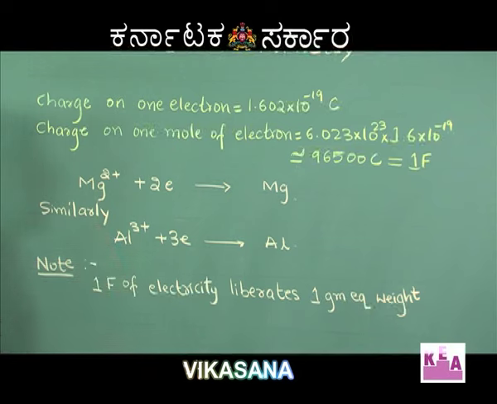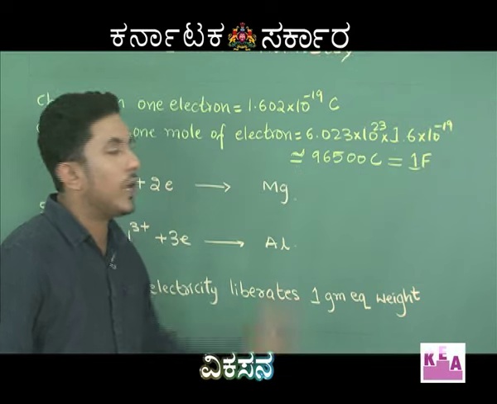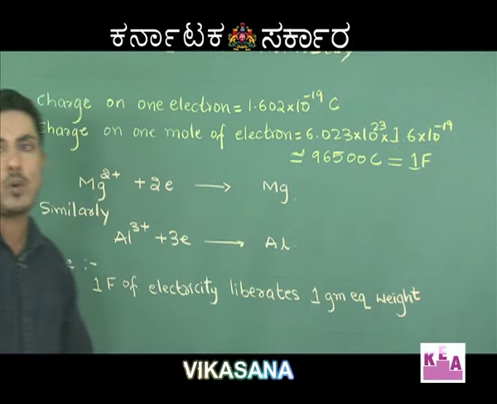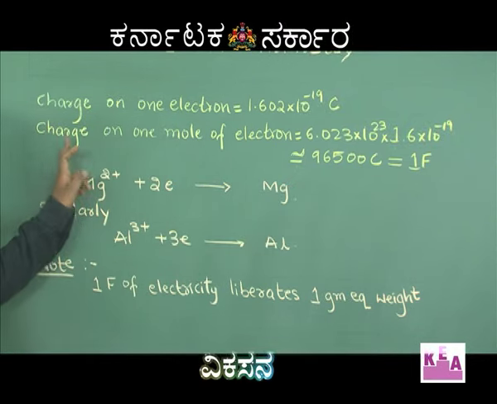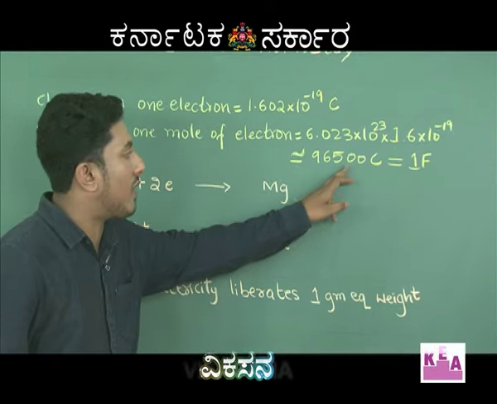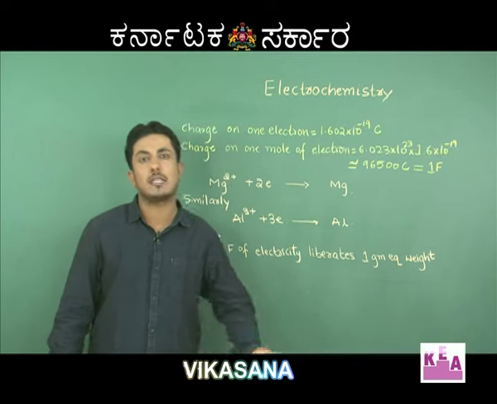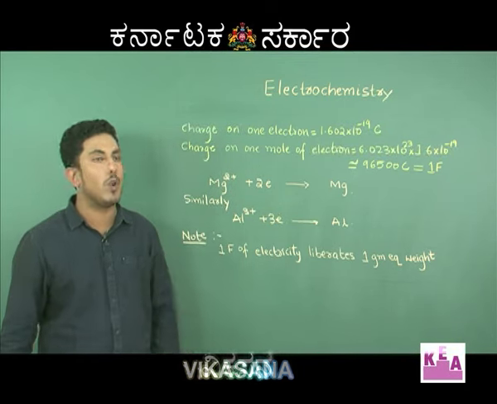Charge carried by 1 mole of electrons will be equal to 6.023 into 10 to the power 23, which is the Avogadro number, into 1.6 into 10 to the power minus 19, that will be nearly equal to 96,500 coulomb. Charge carried by 1 mole of electrons is equal to 96,500 coulomb and it is equal to 1 Faraday. So 1 Faraday is the charge carried by 1 mole of electrons.